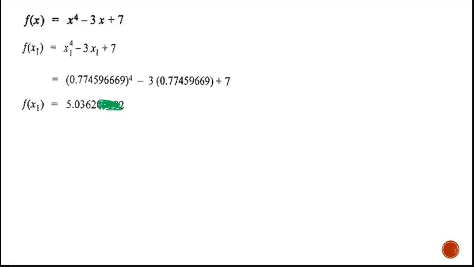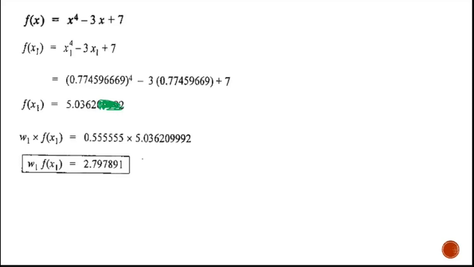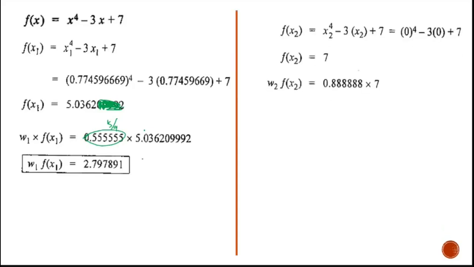Similarly, I have to identify f(x2). w1 f1 has to be multiplied, and this is nothing but 5 by 9. So when I multiply, we get w1 f(x1) as 2.797.